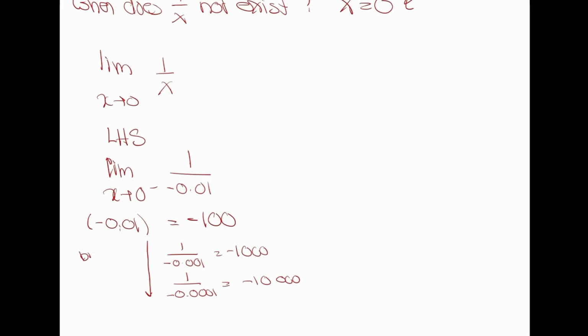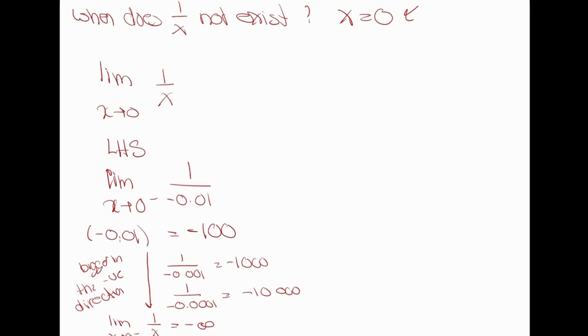It's getting bigger in the negative direction, which means that it's approaching negative infinity. So we would say that the limit as x approaches 0 from the left-hand side of 1 over x is going to approach or equal negative infinity.